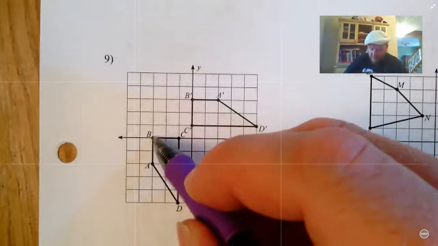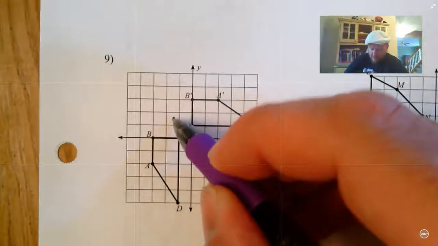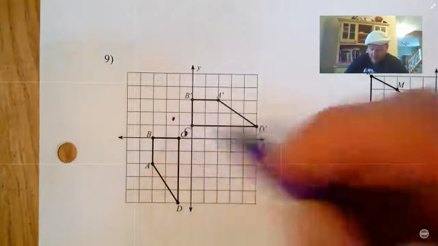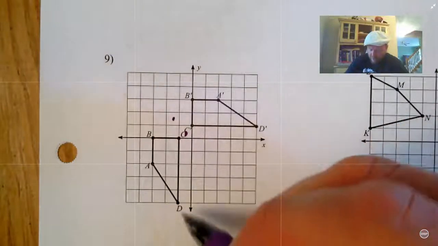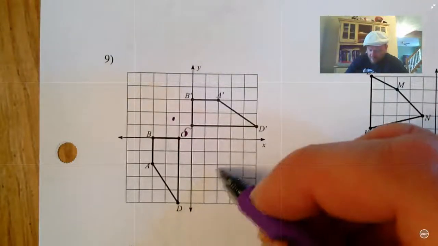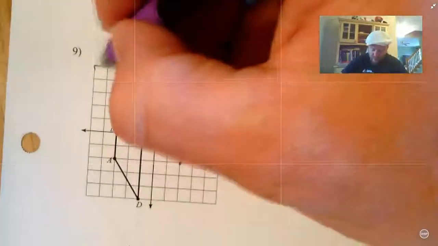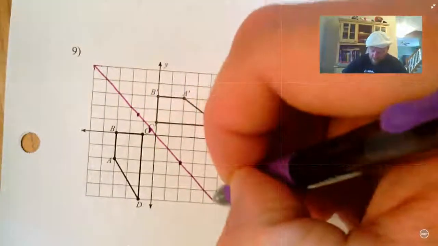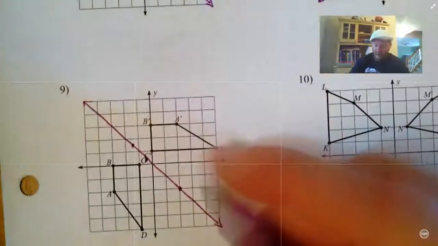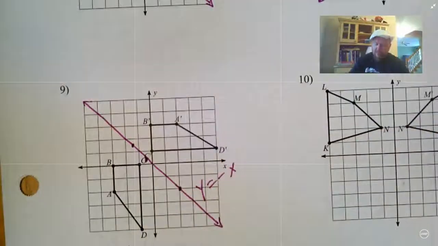Halfway between B and B prime is right here. Between C and C prime, right here. Between D and D prime, right there. So connect them with a line, and that line is the y equals -x.